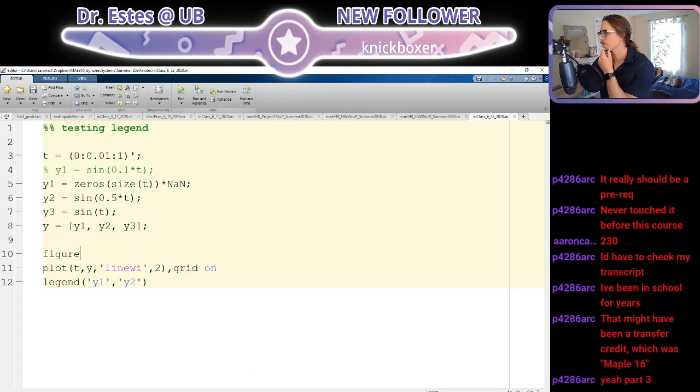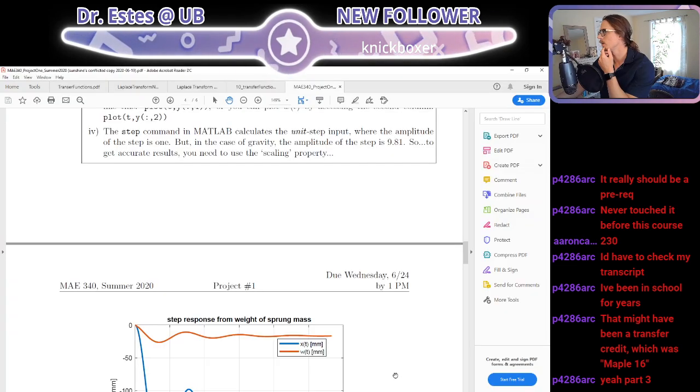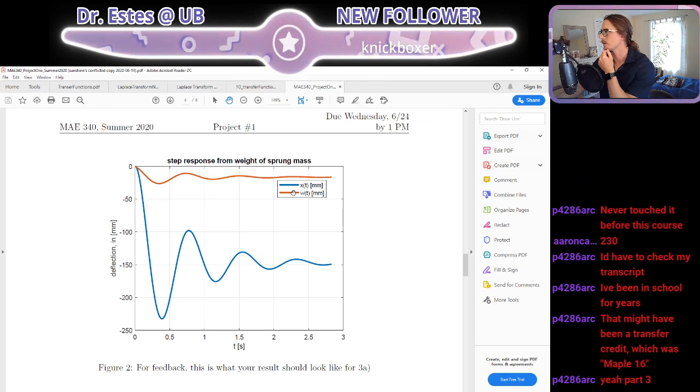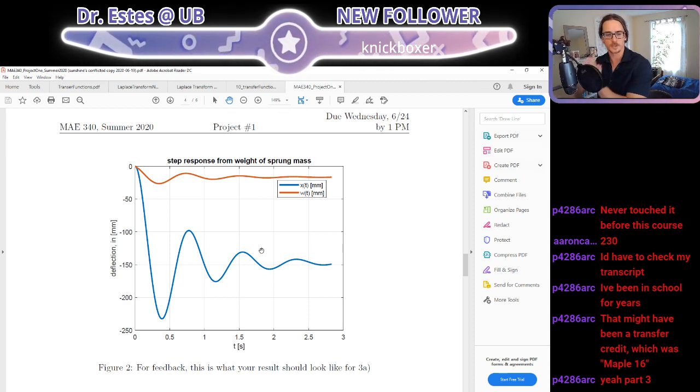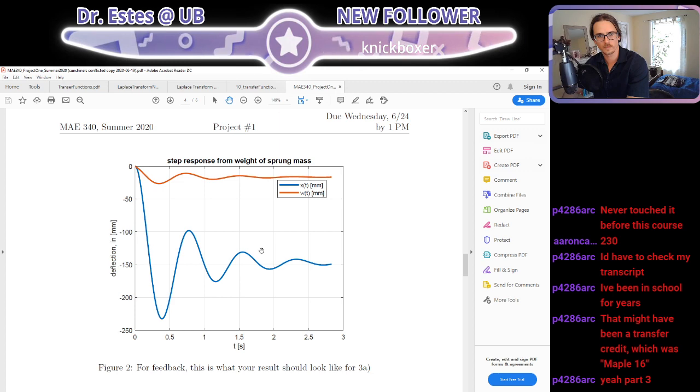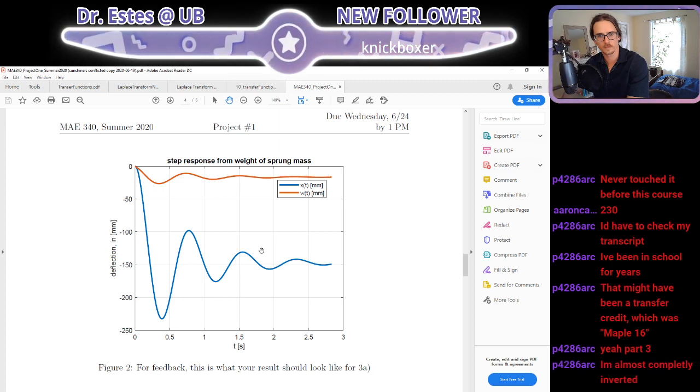So part 3... So you're trying to get a graph like this. So it should only be plotting 2 things, but if you get a yellow line, that means you're plotting 3 things. You're almost completely inverted.